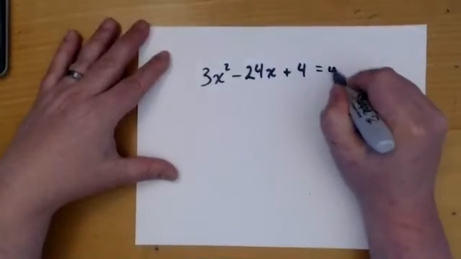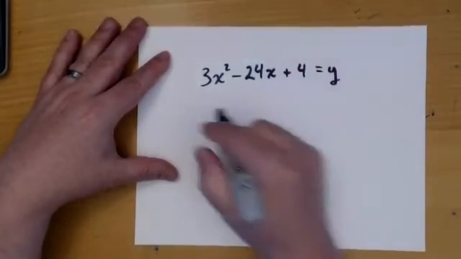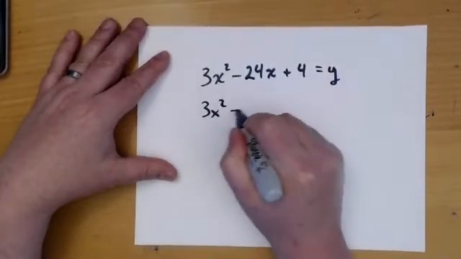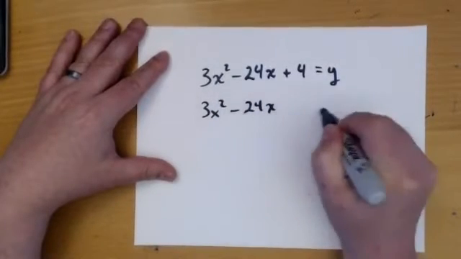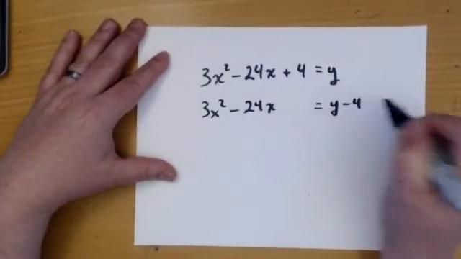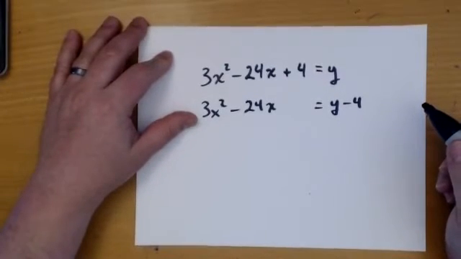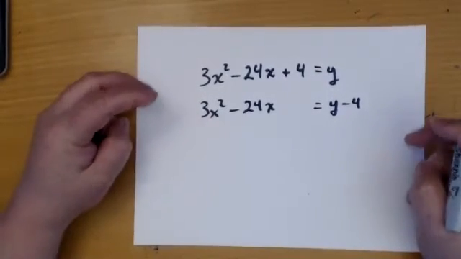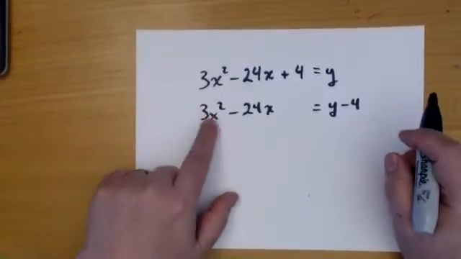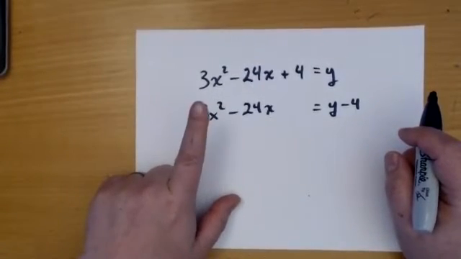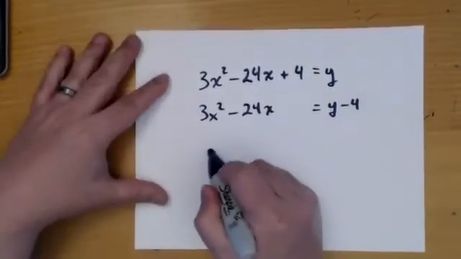So we basically do what we did before. But now I got to divide everybody by 3 so that I have what's called a monic polynomial. Monic meaning mono, meaning the first term is 1. It doesn't have a leading coefficient.